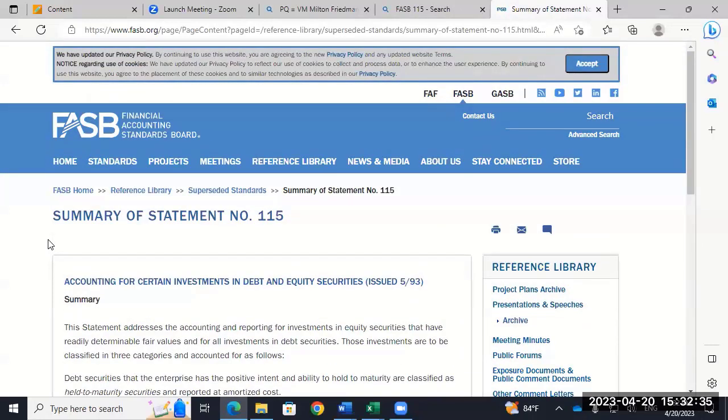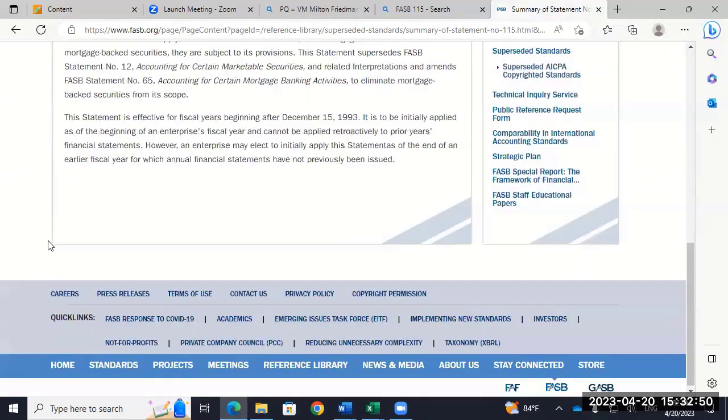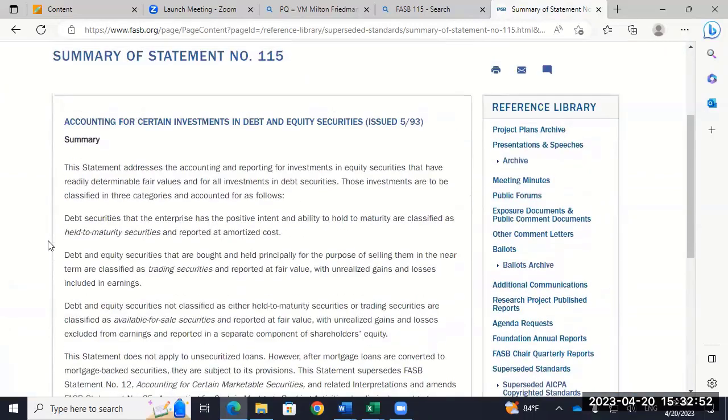Has anybody heard of Silicon Valley Bank? That's a FAS 115 disaster. I wouldn't interview at a bank or an insurance company or an investment firm if I did not know FAS 115. So what is it? Well, it's telling you how you're going to report investments, and there are 3 levels.